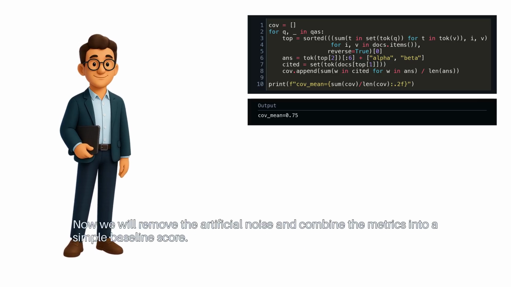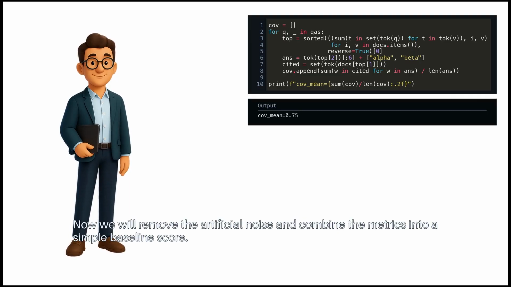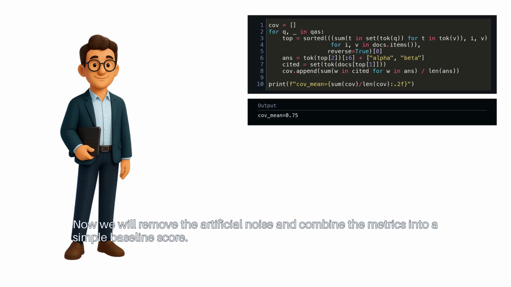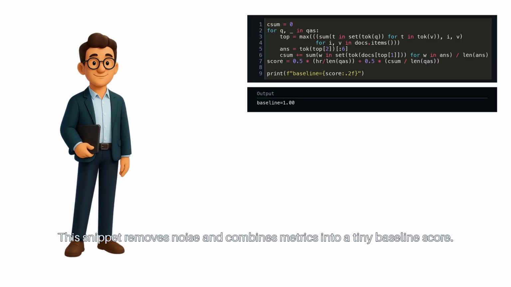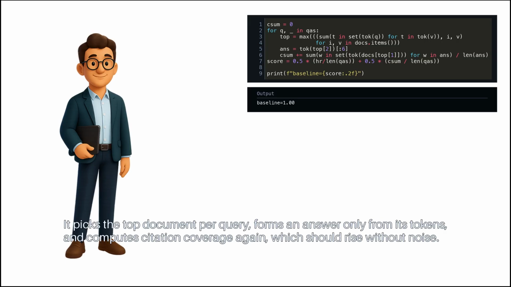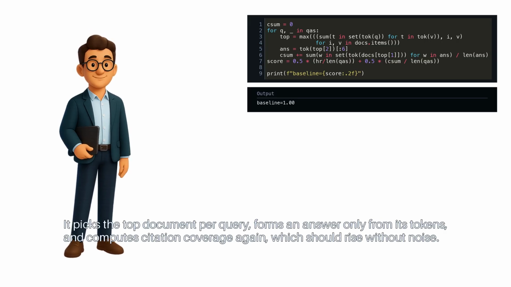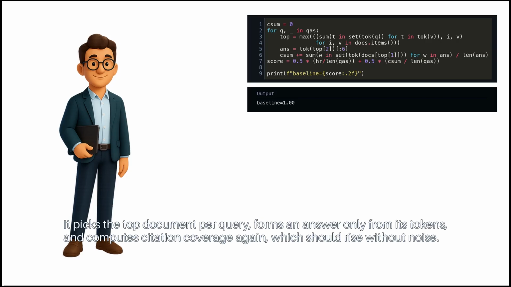Now, we will remove the artificial noise and combine the metrics into a simple baseline score. This snippet removes noise and combines metrics into a tiny baseline score. It picks the top document per query, forms an answer only from its tokens, and computes citation coverage again, which should rise without noise.